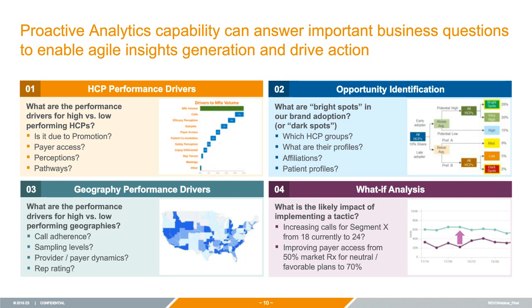Second is other drivers that you cannot control, but that can help you identify missed opportunities. So, you had your targeting strategy, but looking at this, you can very quickly find out what is the profile of doctors that are really adopting my product. So if you think of the green box on the top right, and what is the profile of doctors that are absolutely not adopting, and I can probably deprioritize them.